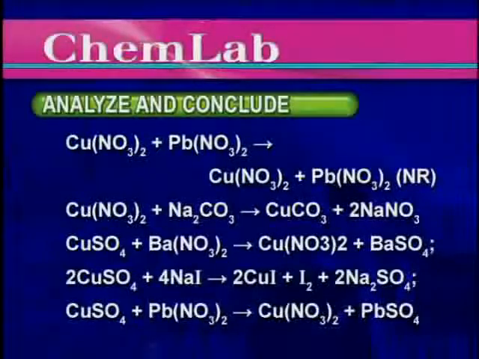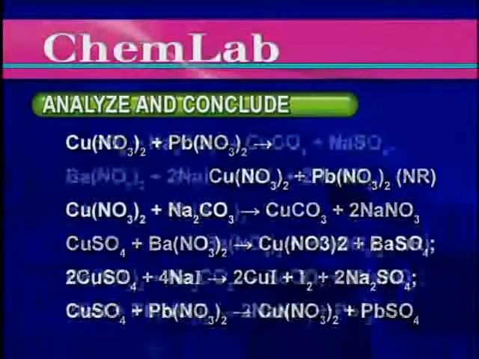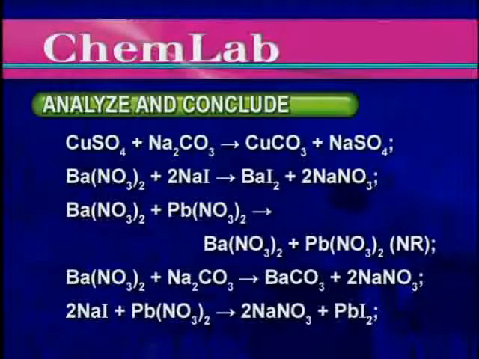CuSO4 plus BaNO3 yields CuNO3 plus BaSO4. 2CuSO4 plus 4NaI yields 2CuI plus I2 plus 2Na2SO4. CuSO4 plus PbNO3 yields CuNO3 plus PbSO4. CuSO4 plus Na2CO3 yields CuCO3 plus NaSO4.